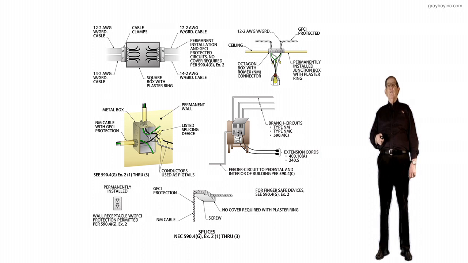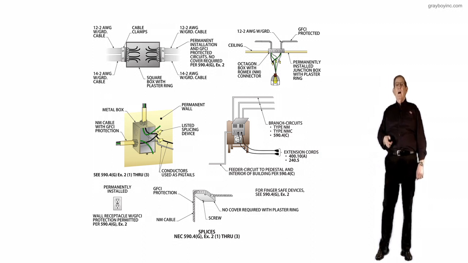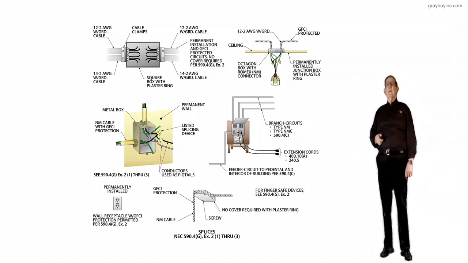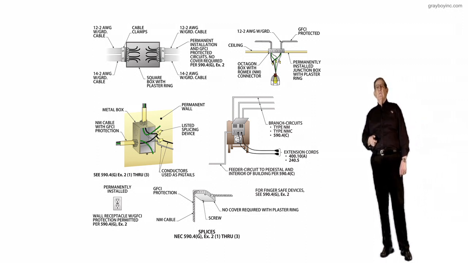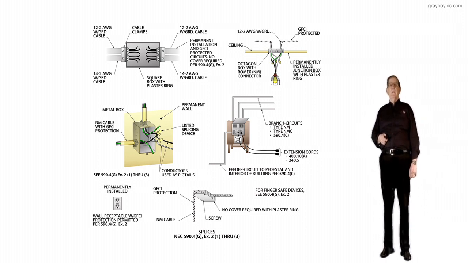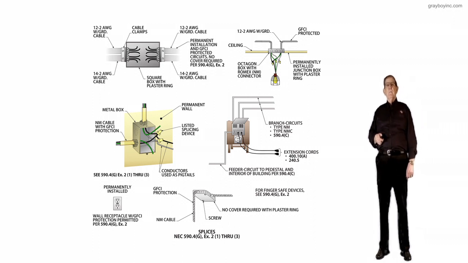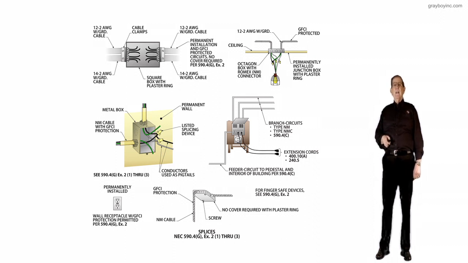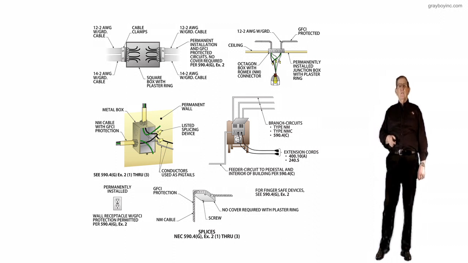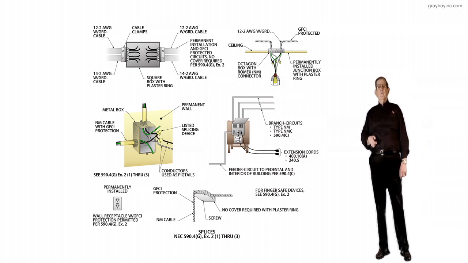We need an equipment grounding the box, and then we would pigtail out with an equipment ground that would connect to equipment that needed to be grounded. And then it tells you under these conditions, be sure and review 590.4(G) as in gray, exception 2, and you'd have items 1 through 3.